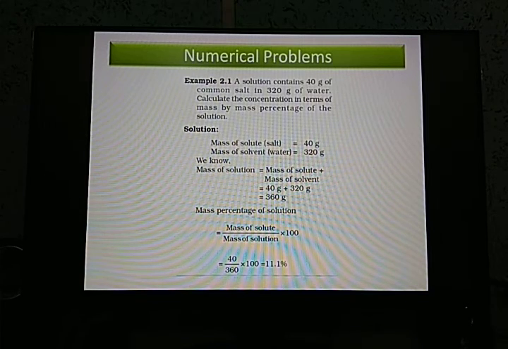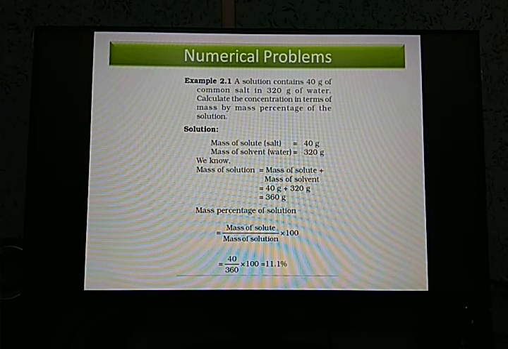Now already it is given that mass by mass percentage you have to find out. So the concentration can be found out through that formula, that is mass of solute by mass of solution into 100. Mass of solute is 40 and mass of solution is 360 into 100, so we get 11.1 percent. So this is the concentration of the solution.